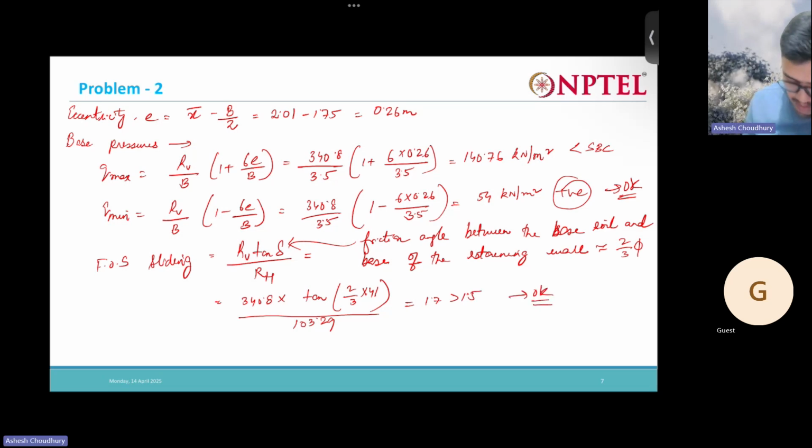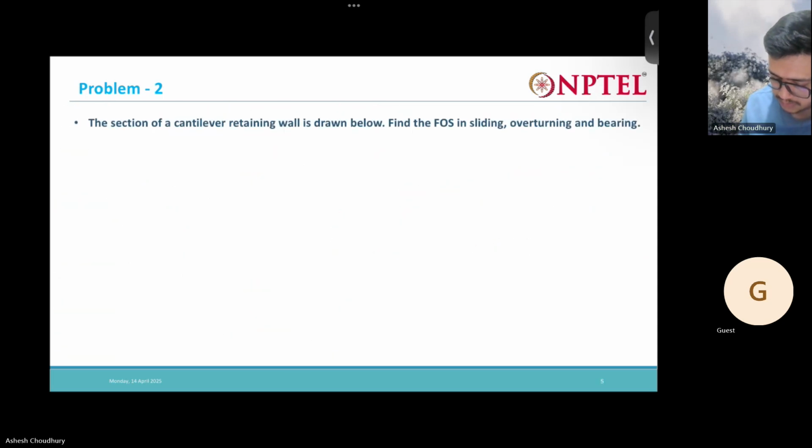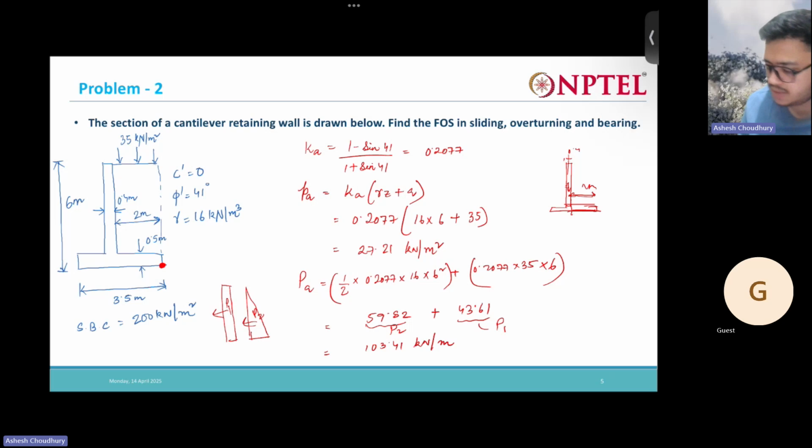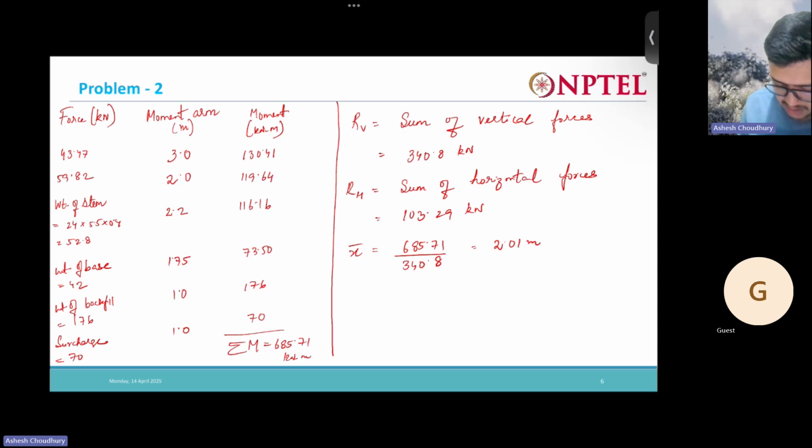That is okay. Now one more thing we have to calculate. We already calculated the factor of safety in sliding. So what we are left with is the factor of safety in overturning and bearing. How can we calculate the factor of safety in overturning?